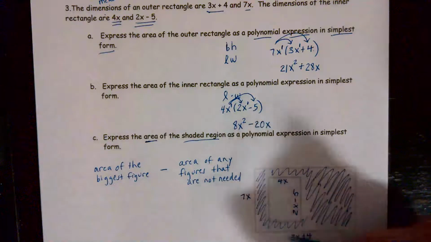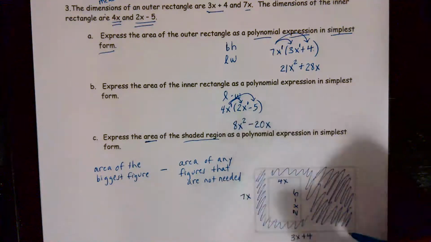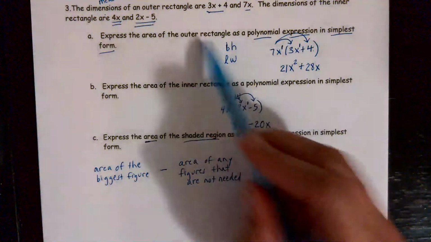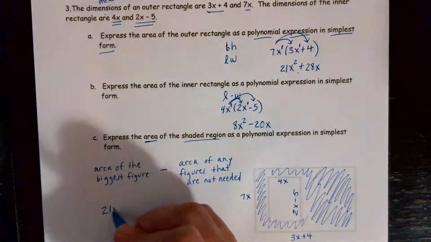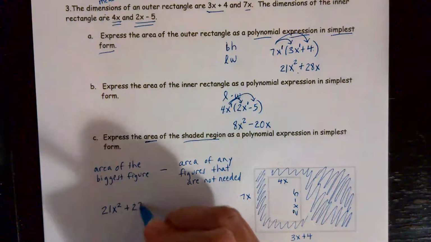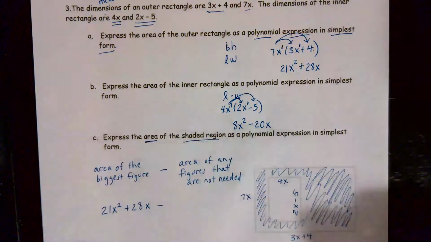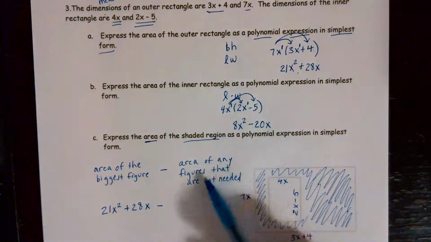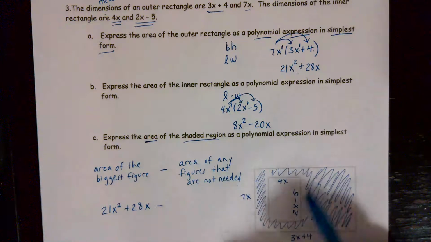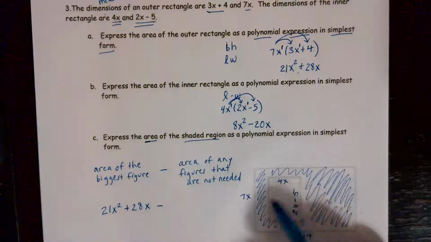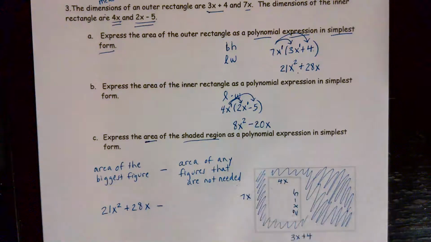So the area of the biggest figure would be the area of the big rectangle, but guess what? We already have that. 21x squared plus 28x minus, and we have to subtract the area of any figures that are not needed. Well, in this whole big rectangle, the only one I did not want was this inner rectangle.